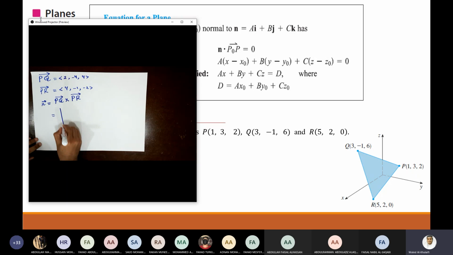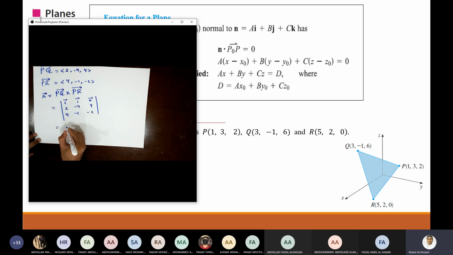So this will be i, j, k. Let me list these vectors: we have 2, negative 4, 4 and 4, negative 1, negative 2. Then for i we have 8 plus 4, which is 12. For j, minus negative 4 and then negative 16, so we have plus 20 j.